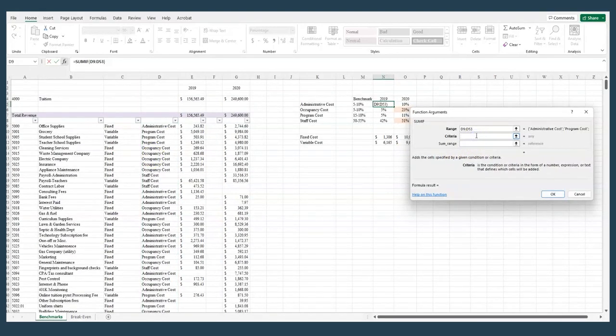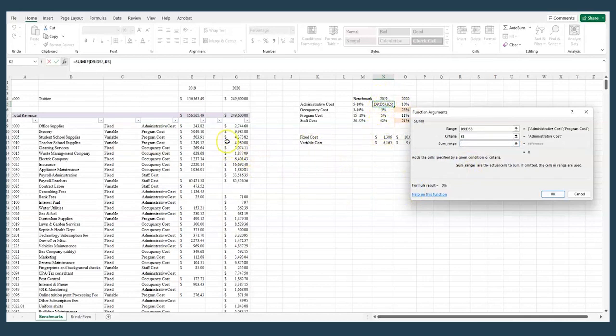Then for the criteria, I can either type in administrative cost and hope that I spelled it right, and I'm usually the queen of spelling things wrong, or I can simply click the cell. Then there's the sum range, the range that we want summed up.